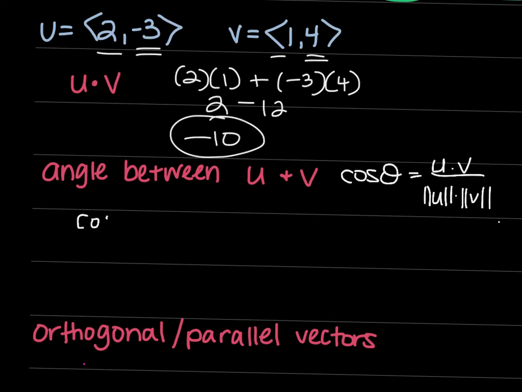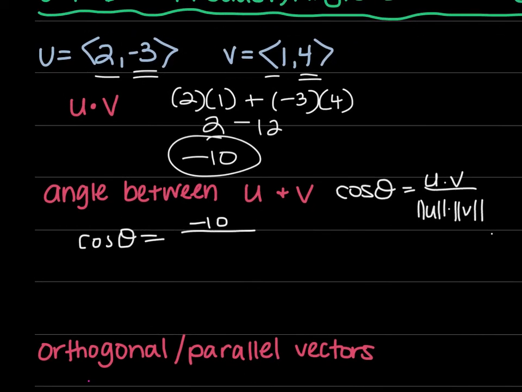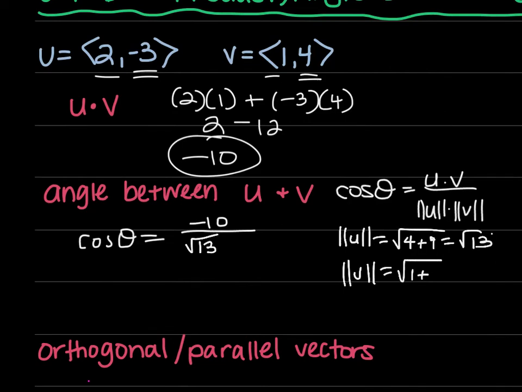So cosine of theta in this case would be the dot product, which we said was negative 10, over the magnitude of u, so the magnitude of 2, negative 3, square root of 2 squared, which is 4, plus negative 3 squared, which is 9, square root 13. And the magnitude of v, square root of 1 squared, which is 1, plus 4 squared, which is 16, square root 17.